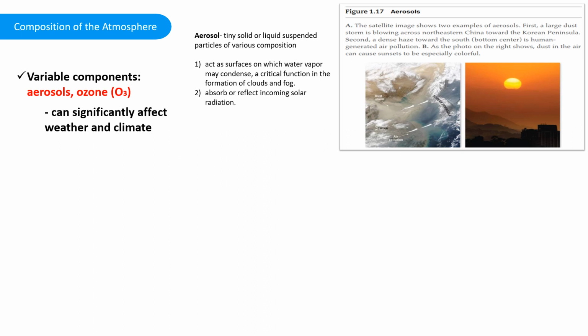And also, just like carbon dioxide and water vapor, they absorb or reflect incoming solar radiation. And they contribute to the optical phenomenon we have all observed, as also shown in the second picture on the right. It showed a varied use of red and orange at sunrise and sunset.